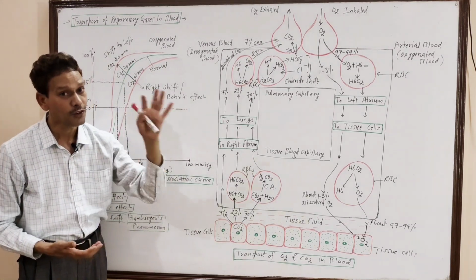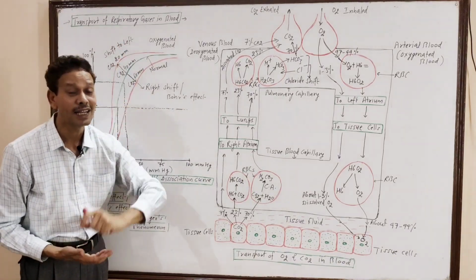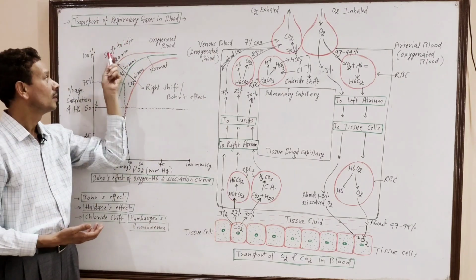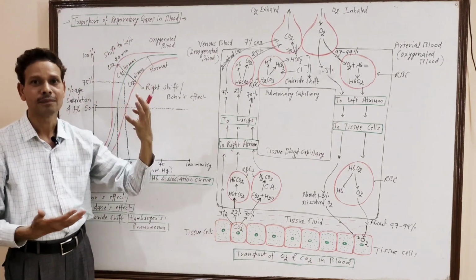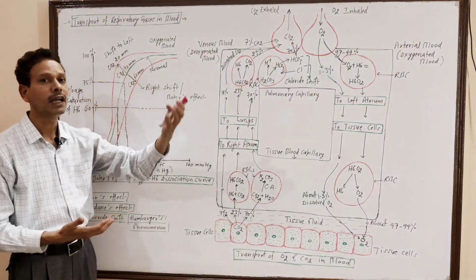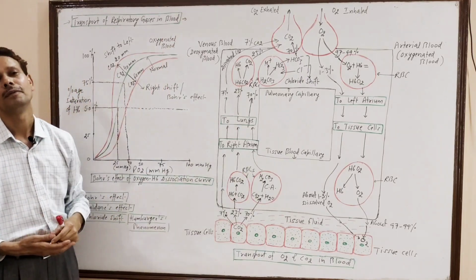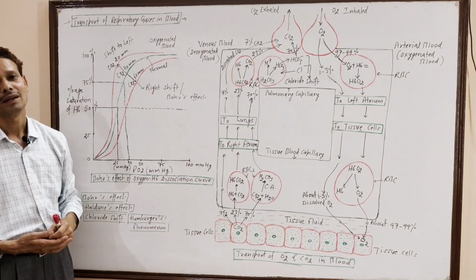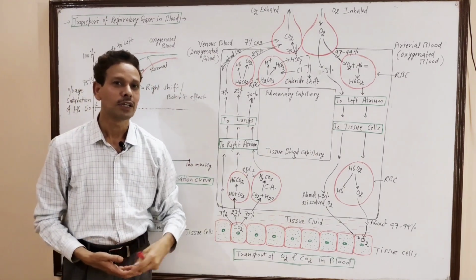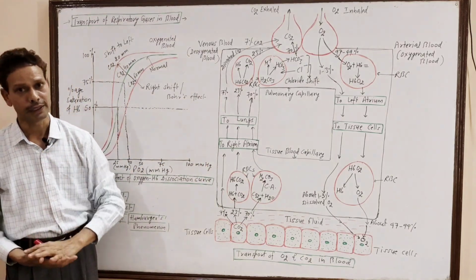It is left shift, and this shift to the left is named Haldane's effect. This left shift involves the binding of oxygen with hemoglobin and dissociation of CO2. Dear students, this is all about transport of respiratory gases in blood.